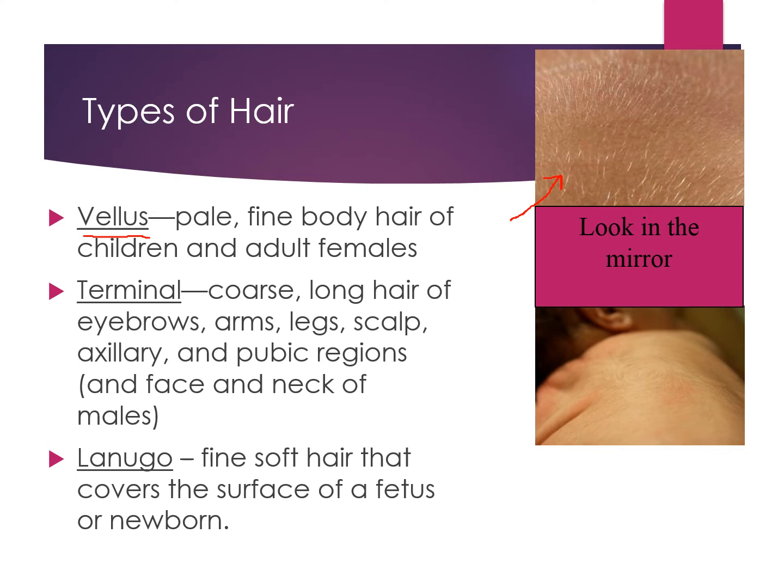If you have longer hair on your arms and legs, in your axillary or pubic regions, that's the terminal hair. Men will oftentimes have terminal hair on their face and neck. Lanugo is the fine, soft hair that covers the surface of a fetus or a newborn. You might have seen it, for example, on a baby's forehead when it's only a few days old.